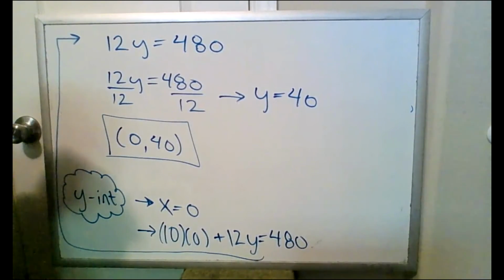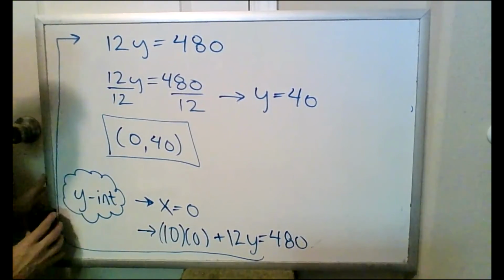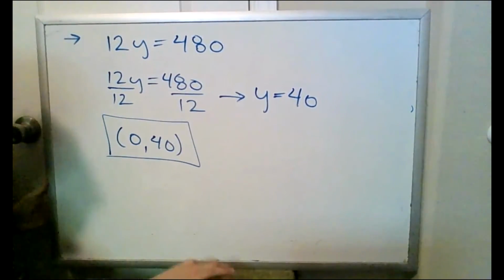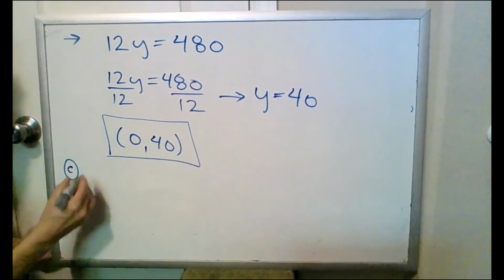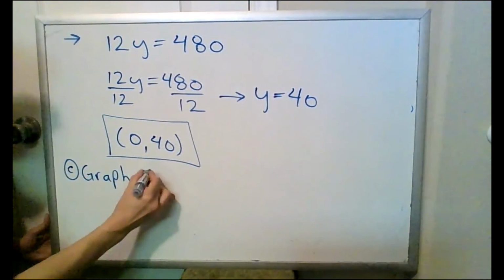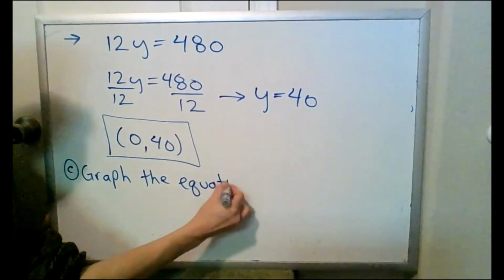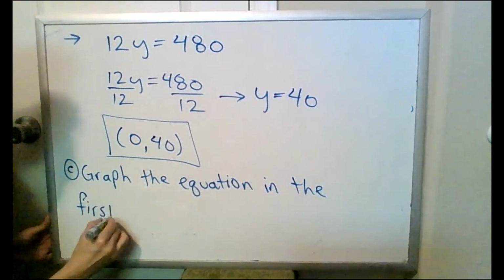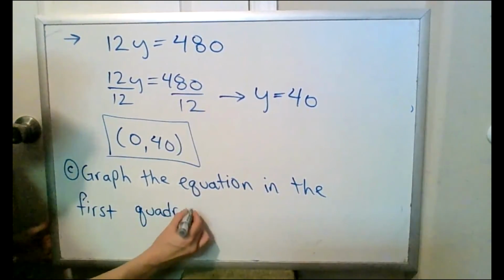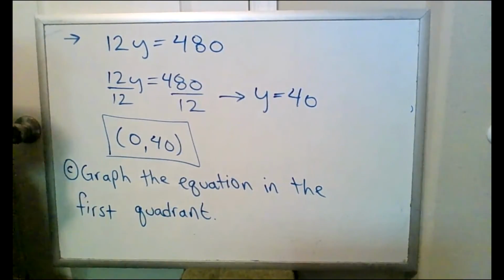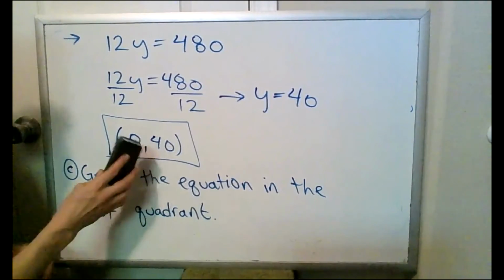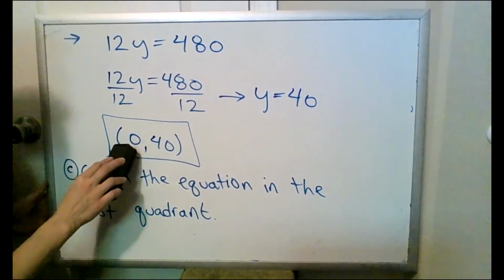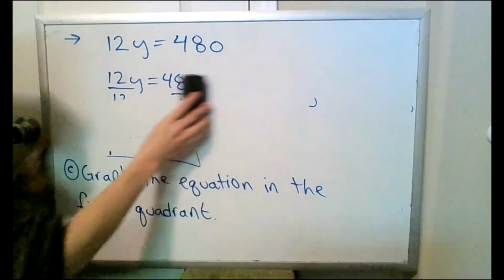Okay, the next part is to graph the equation in the first quadrant. It's part C. First we're going to find the first quadrant, and then we're going to put this intercept down and the other intercept down and use those 2 points to draw the line.